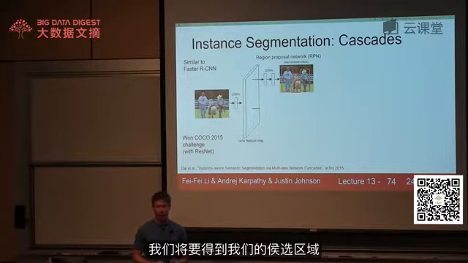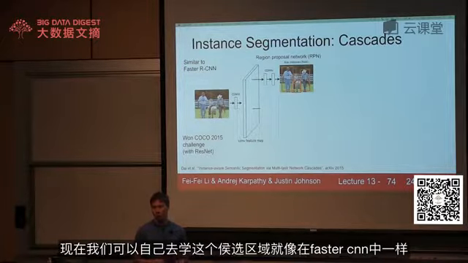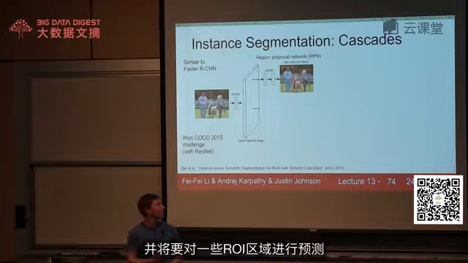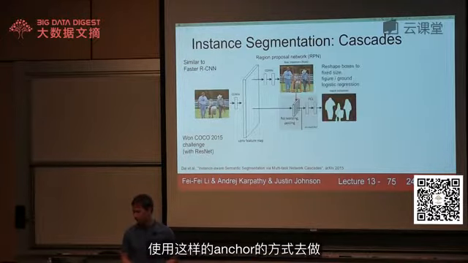In the previous method, we relied on these external segment proposals. But here, we're just going to learn our own region proposals, just like faster RCNN. So here, we just stick a couple extra convolutional layers on top of our convolutional feature map. And each one of those is going to predict several regions of interest in the image using this idea of anchor boxes that we saw in the detection work.